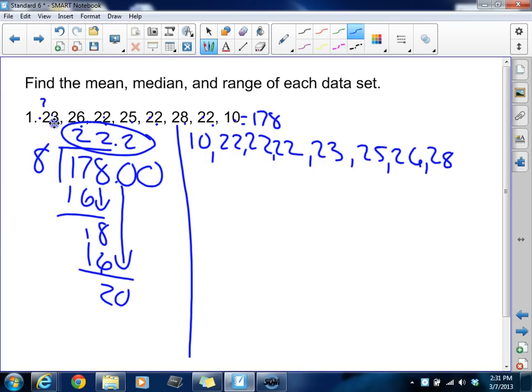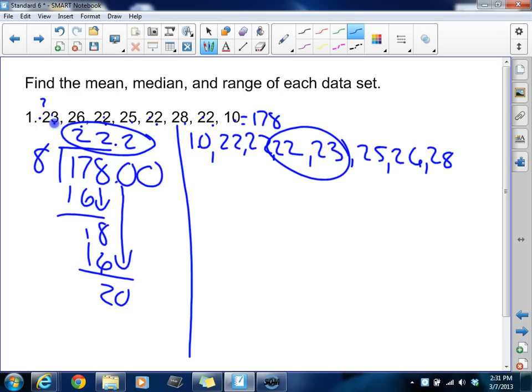All right, so I have my numbers. I've ordered them from smallest to greatest. So I'm going to find the middle number. So 1, 2, 3, 4. 1, 2, 3, 4. Ooh, so what I need to do is average those two numbers. When I have an even number, I need to take the two middle ones and average them.